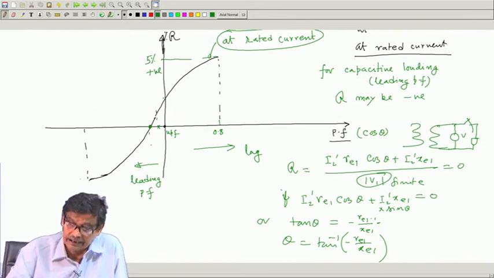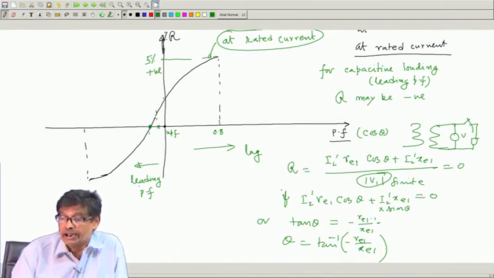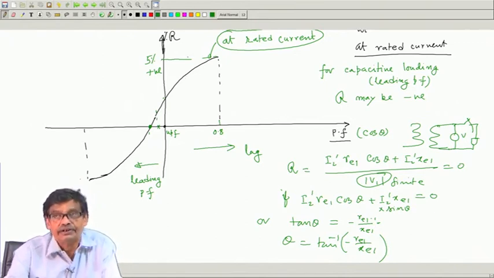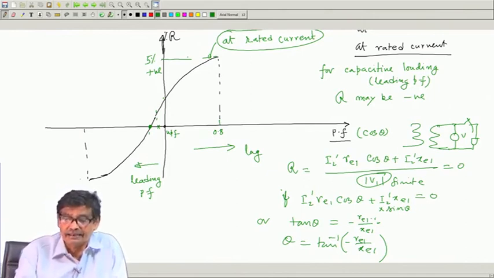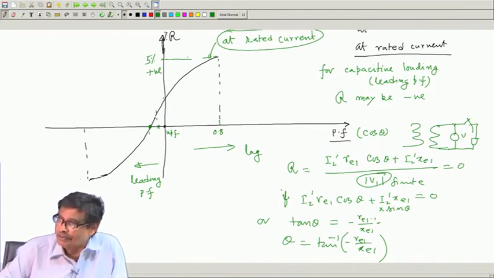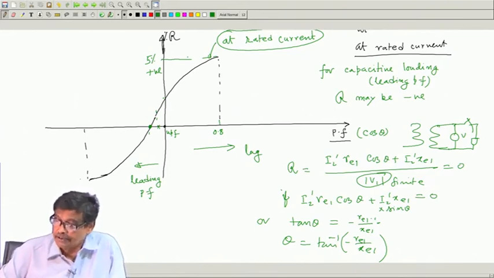Suppose on the same curve I want to show regulation at reduced current, then the curve will be like this, amplitude will get reduced. You have understood, you can scale this thing. So, it will change in its amplitude, but it will follow the same curve. Anyway, this you can easily verify.